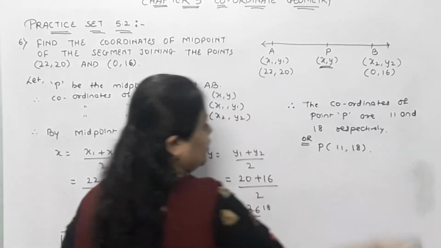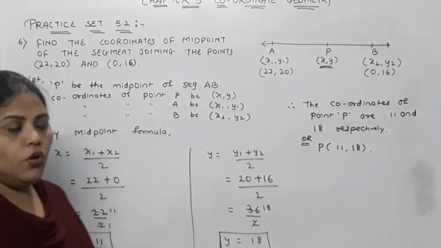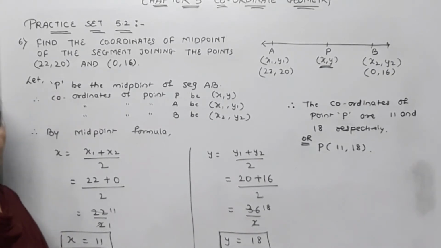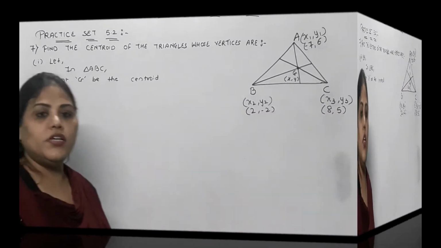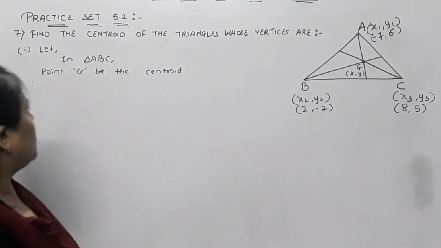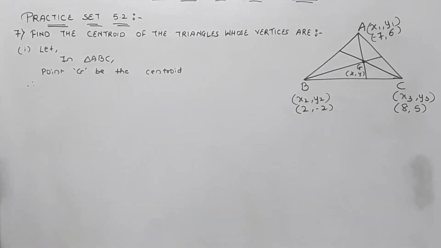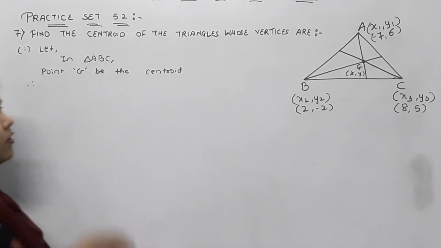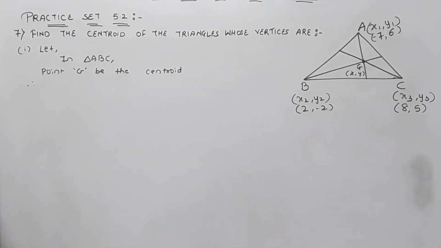Either way you can write. Okay. So note down the answer, then we'll move ahead for the next question. Now see the next question, that is sum number 7. Find the centroid of the triangles whose vertices are. Now here 3 sub questions are given in question number 7.